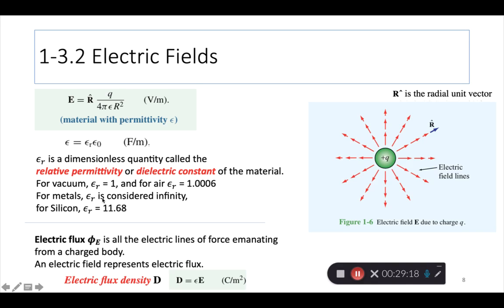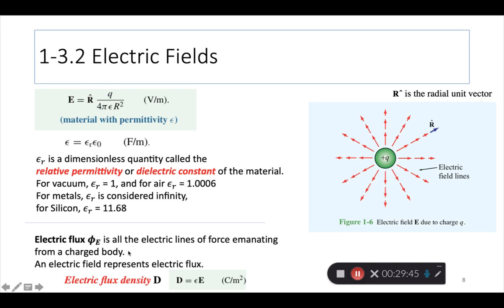For metals like copper and steel, epsilon r is very high, infinity almost. For other materials like non-conductors, insulators and silicon also, there's a value. Now you can look up these values, but the important thing is to remember that in some media, some material, the formula changes to put an epsilon here and not the epsilon 0.